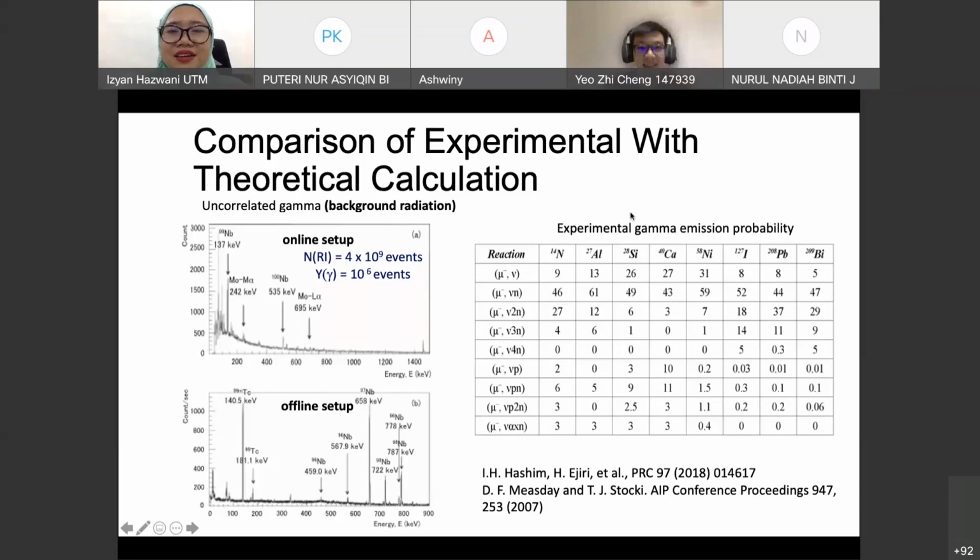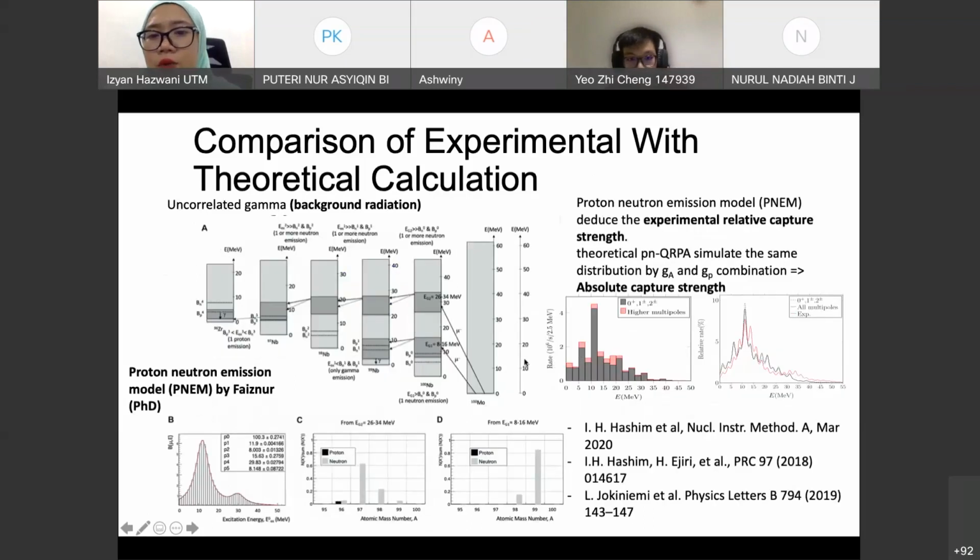Okay, so in this experimental gamma peak, this is the probability of emission. This was calculated from the gamma energy of each peak, so we can get this probability. And this is our part, the Malaysia part.